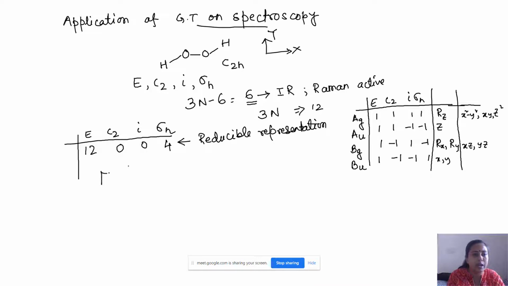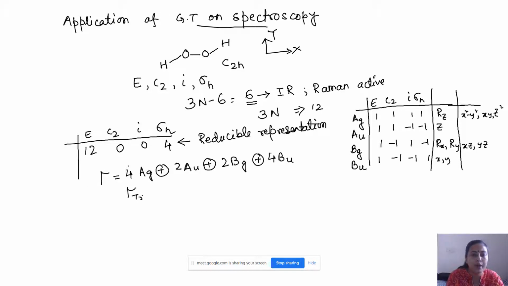If we apply the reduction formula, we will find that this comprises 4Ag, 2Au, 2Bg and 4Bu. This is a complete representation where the translational, rotational and vibrational motions are all contained.